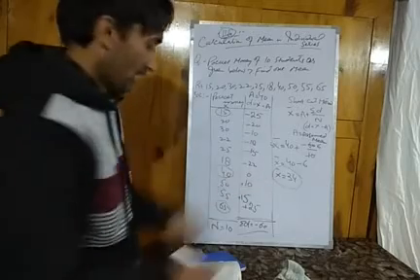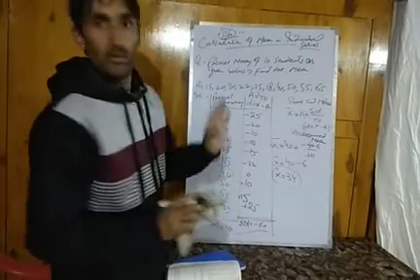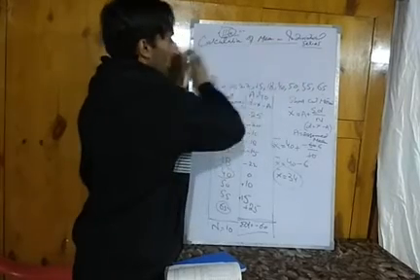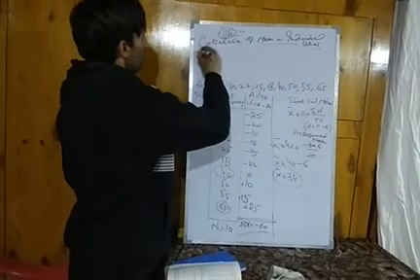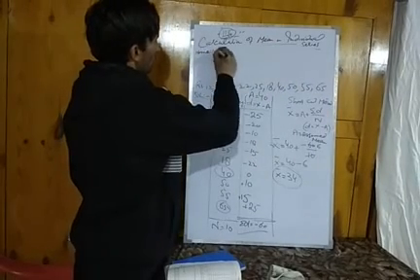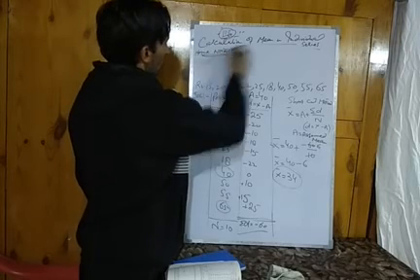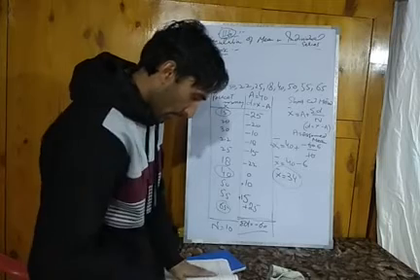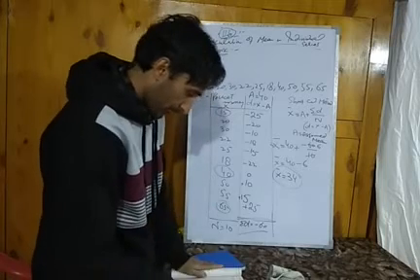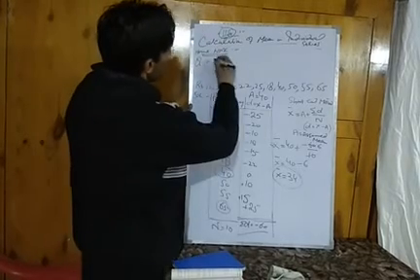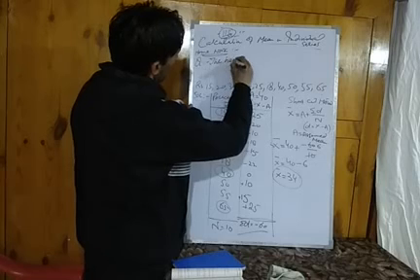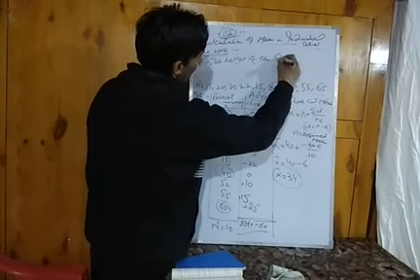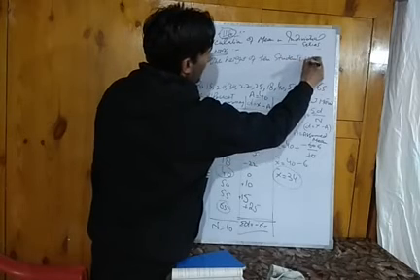Now, I will put one question as homework. It is a very simple question. The heights of 10 students are given.